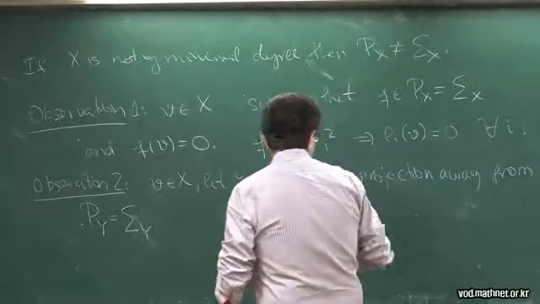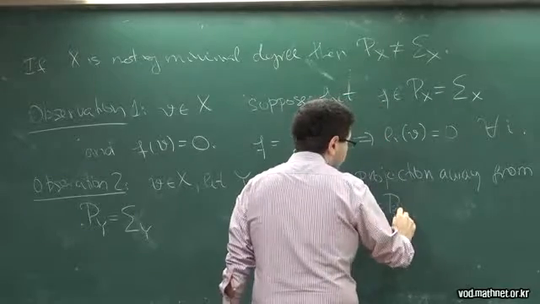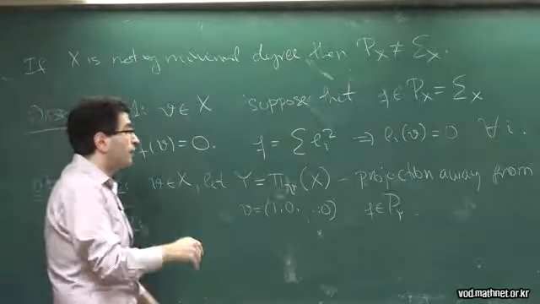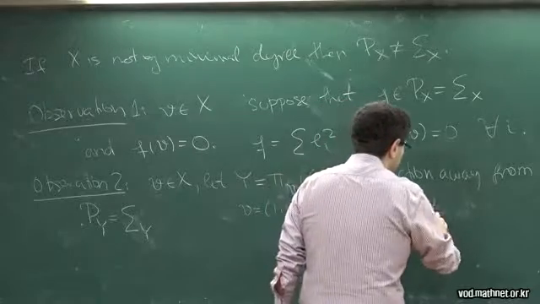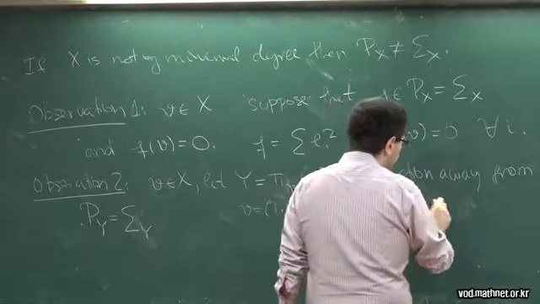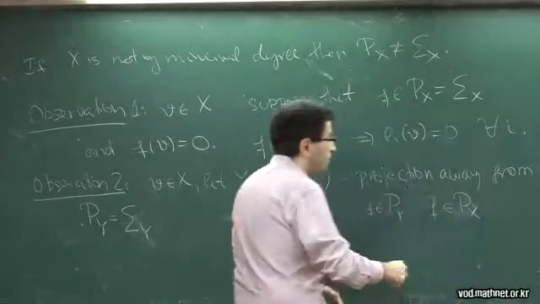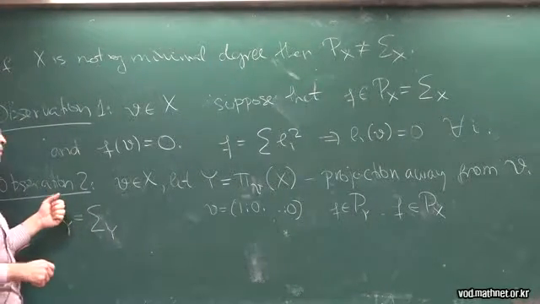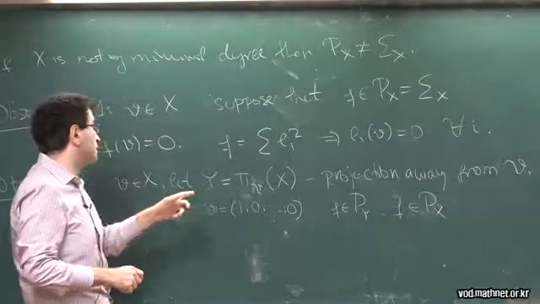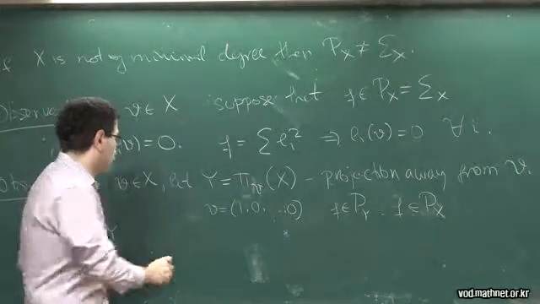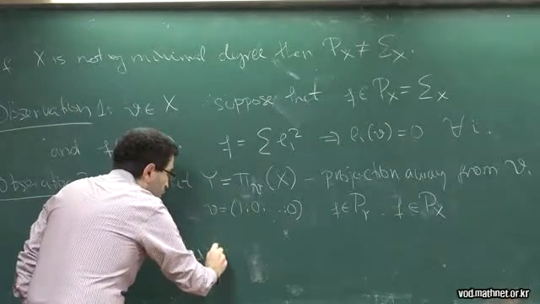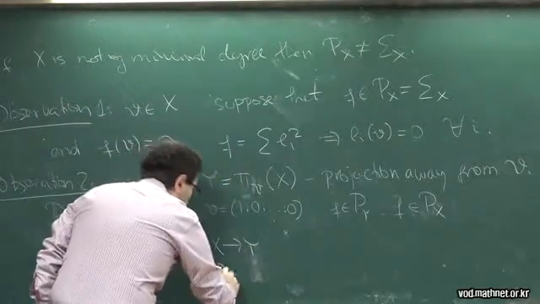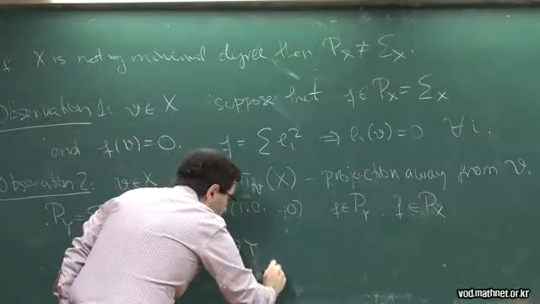Which means that I can still think of f as lying in P sub X. In other words, Y is the projection away from V, and this means that there is a natural map pi from X to Y, and this leads to maps of coordinate rings: R of Y maps to R of X.